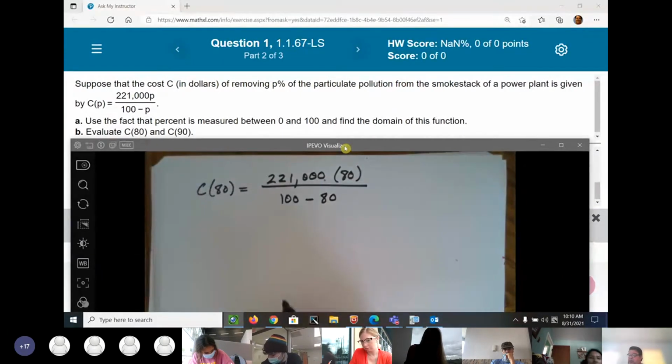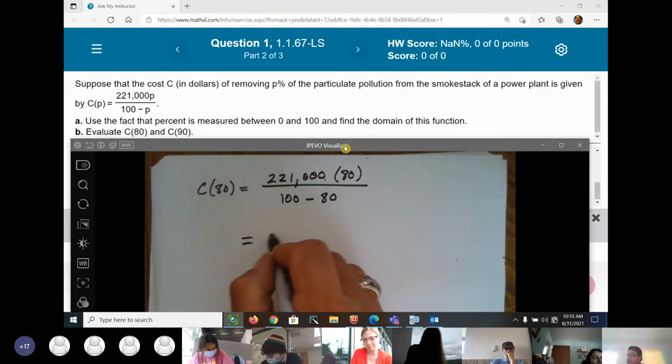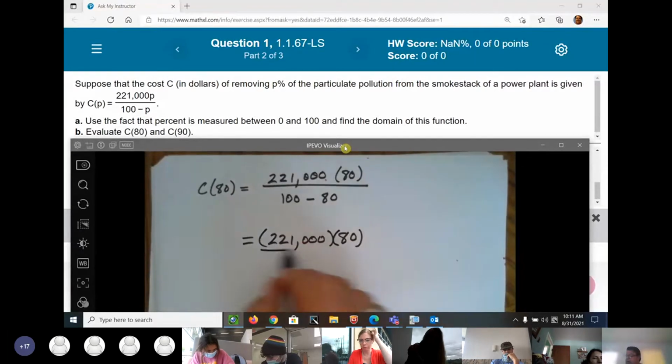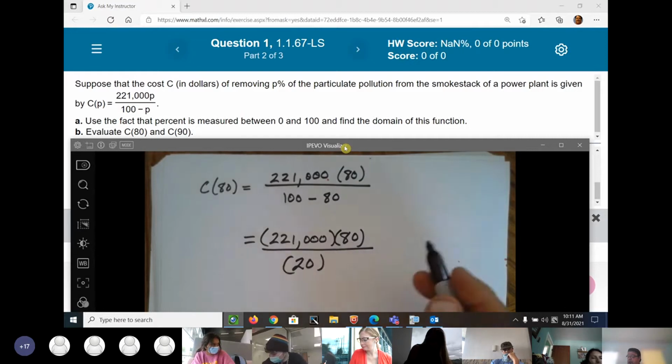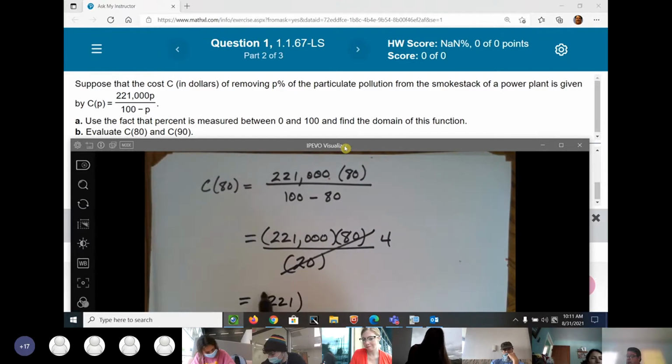And that's going to be some big number. 221,000 times 80 divided by 20. And 80 divided by 20 is what? 4. So 221 times 4 and add 3 zeros. 221 times 4 is 884.